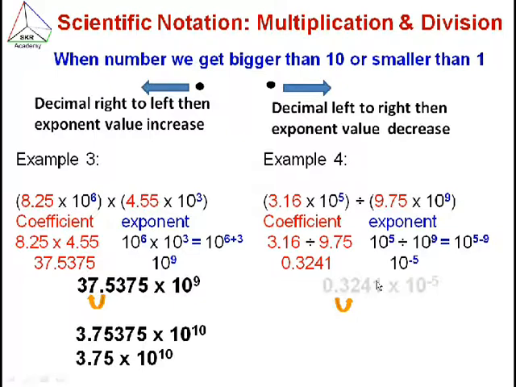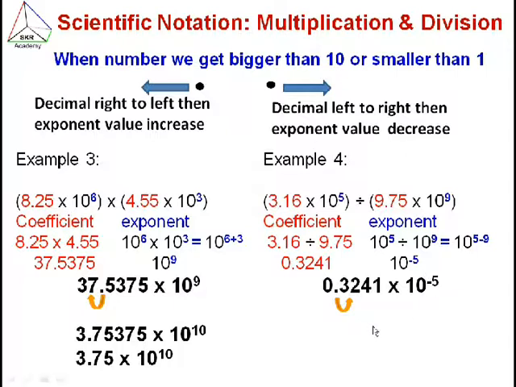So once again we write 0.3241 times 10 raised to the power minus 5, but according to the scientific notation rule we have to place this decimal just after the first integer, or after the first non-zero value. So we have to move this decimal left to right, and when we move it left to right, the exponent value decreases.